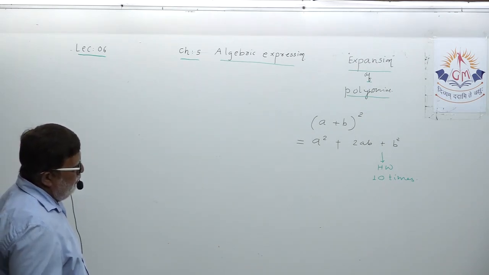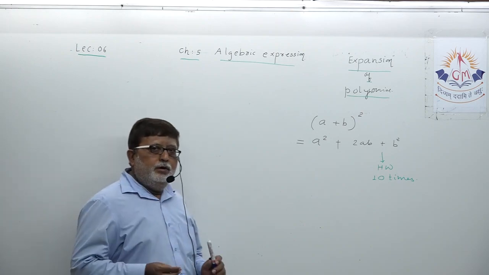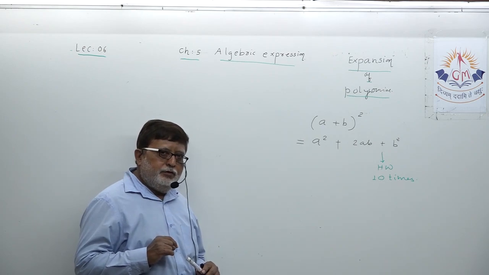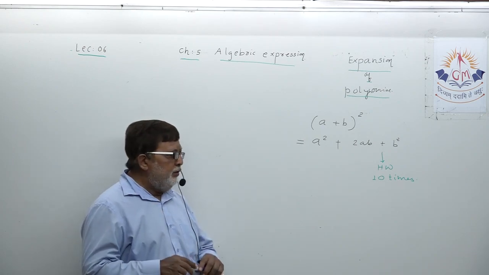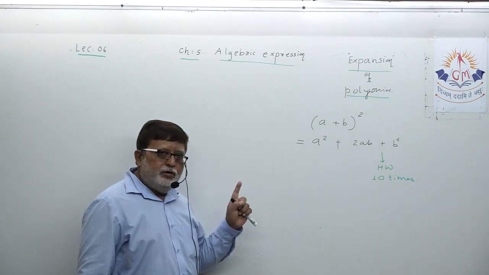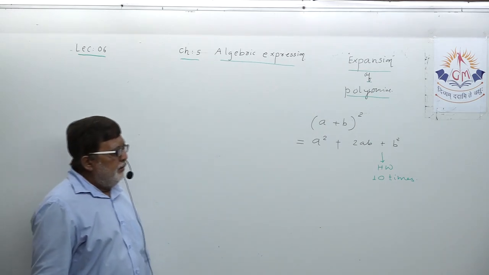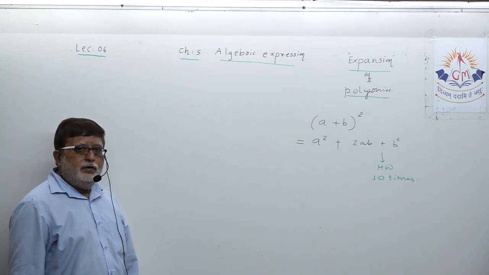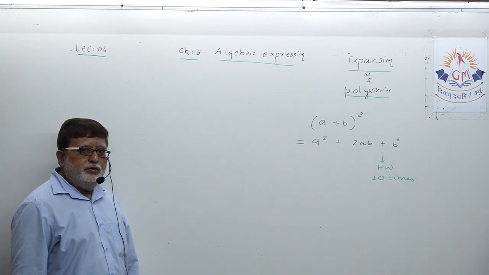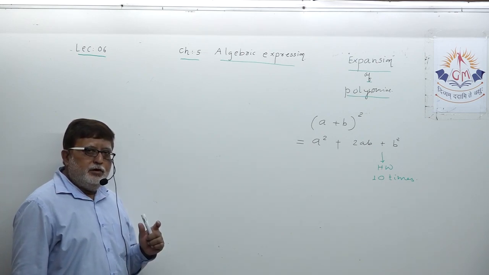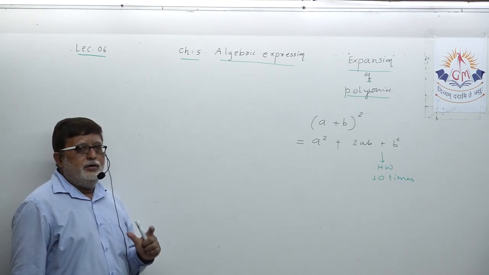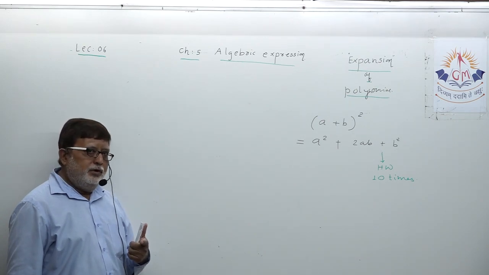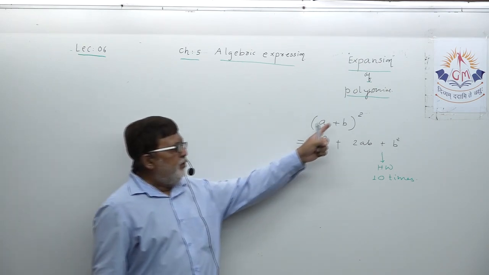Example number 1. Student, you need to learn when you solve any example. I just mentioned a very important fact that this particular identity, a plus b whole square equal to a square plus 2ab plus b square, is a standard identity that applies for expansion of polynomial, that is, squaring the polynomial.